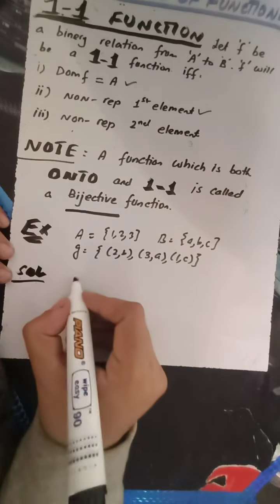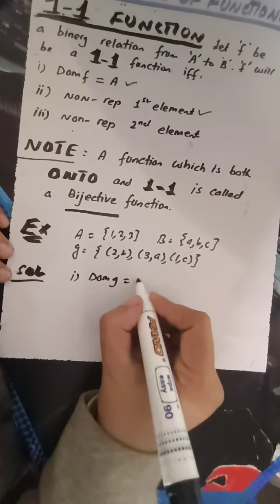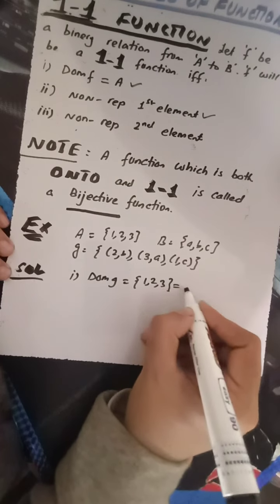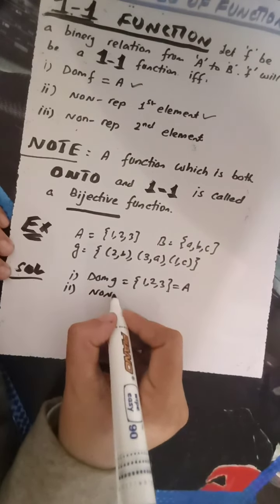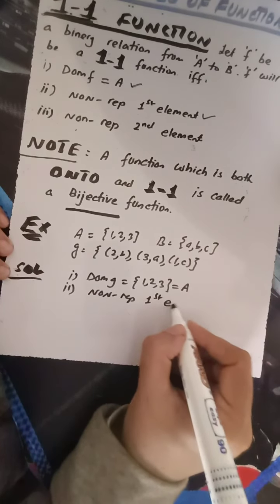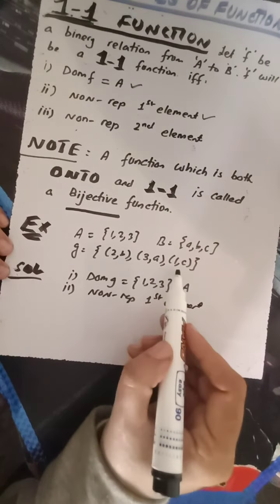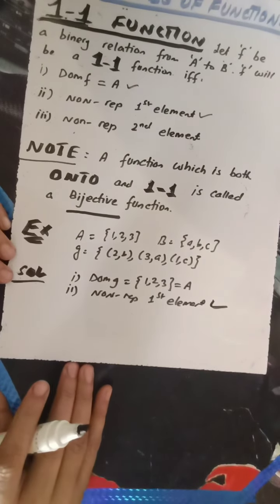The domain of g is equal to {1, 2, 3}, it is equal to A. Second is non-repeating first element. The first element is not repeating, so the second condition is also satisfied.